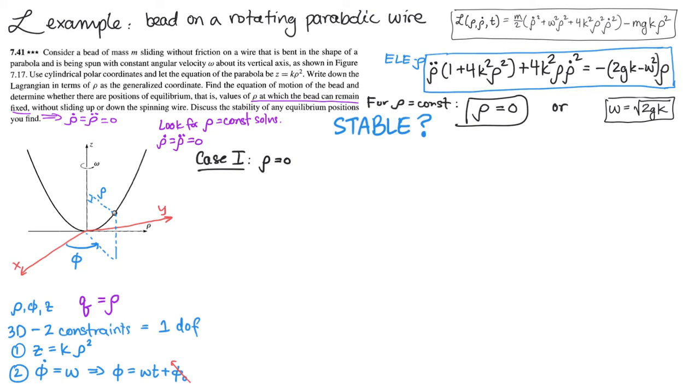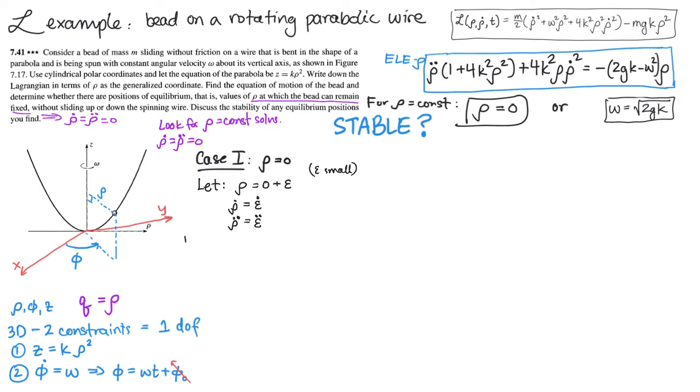But of course, we're interested in small nudges away from that equilibrium. So we want to let rho be 0 plus a small deviation, where epsilon is this small deviation. And we can then compute derivatives like that. And we can put those into our equation of motion, our Euler-Lagrange equation, and we can ignore nonlinear terms.